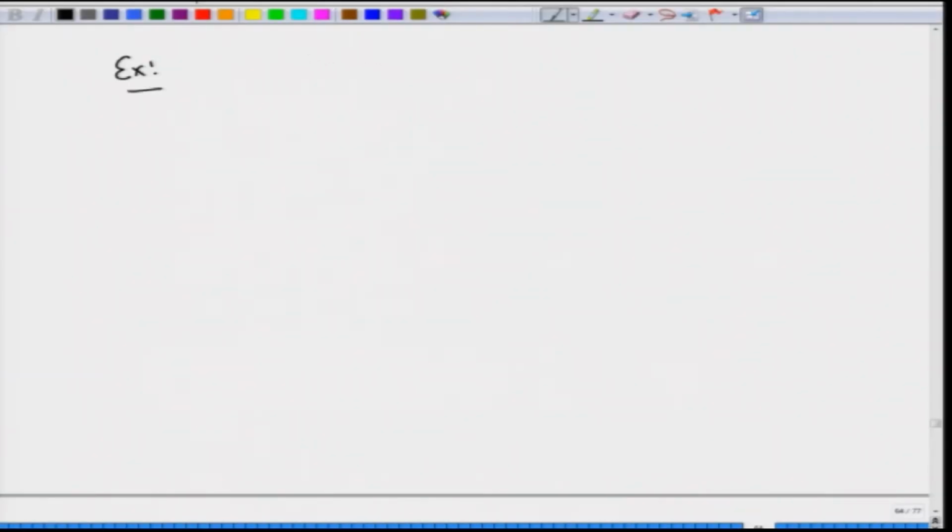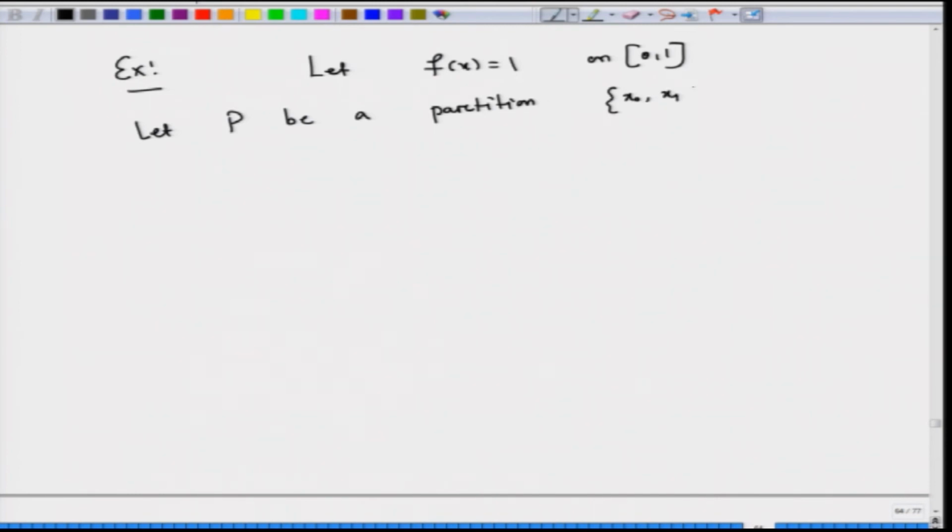So, for example, let f(x) equal 1 on [0, 1], this is just the constant function. In order to get that, let P be a partition. Let us say this is x_0, x_1, up to x_n, which is equal to b.